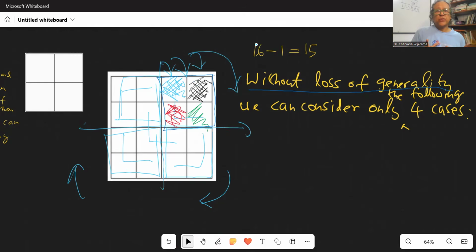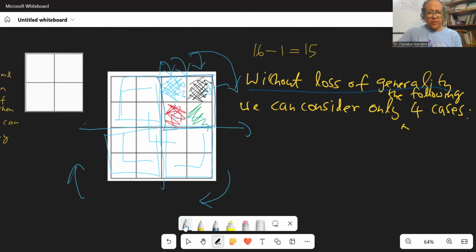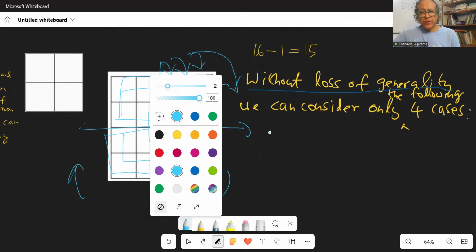Now, I showed the tiling in one case, this one, okay. So what about the other cases? Let me draw a 4 by 4, quickly drawn by hand.